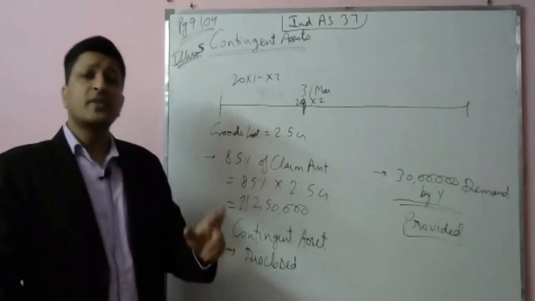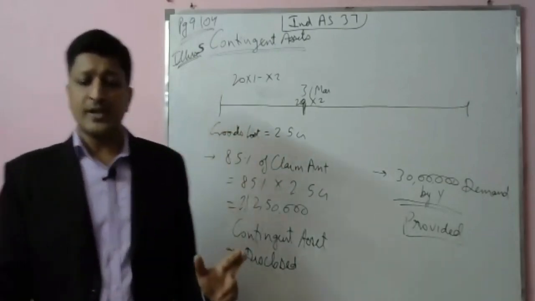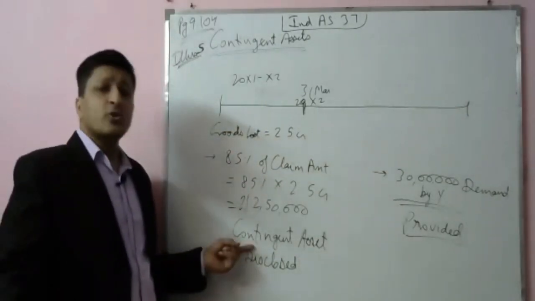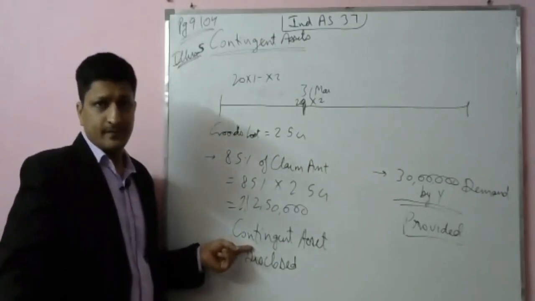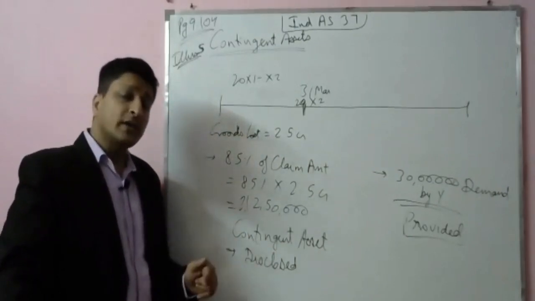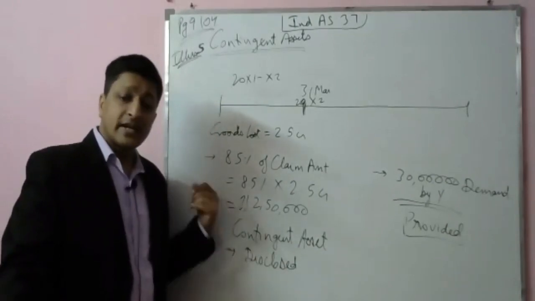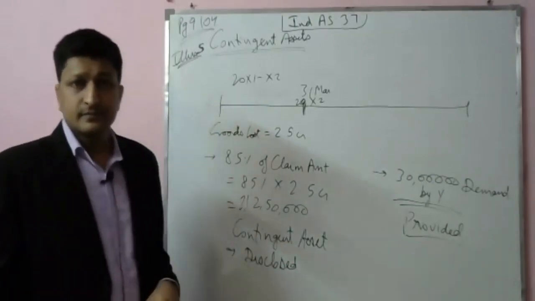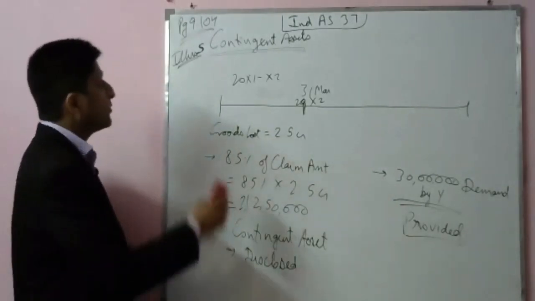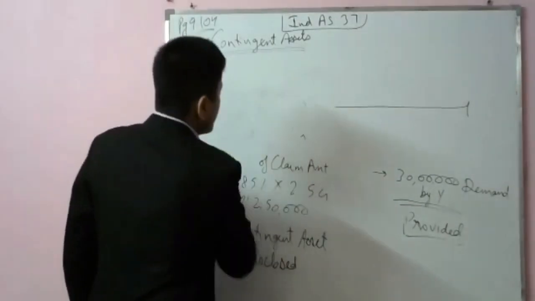Let's suppose if they hadn't received this informal communication, then even this contingent asset wouldn't be disclosed. And the moment this informal communication becomes formal, this contingent asset will get recognized as an asset. So I just try to create situations for your understanding.